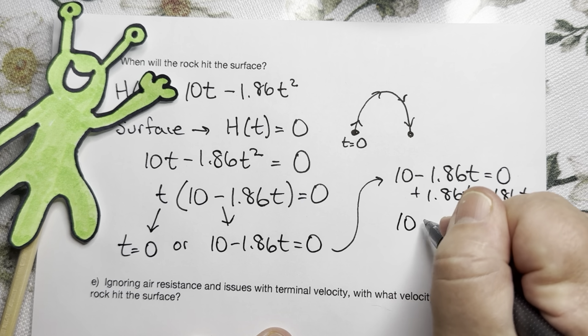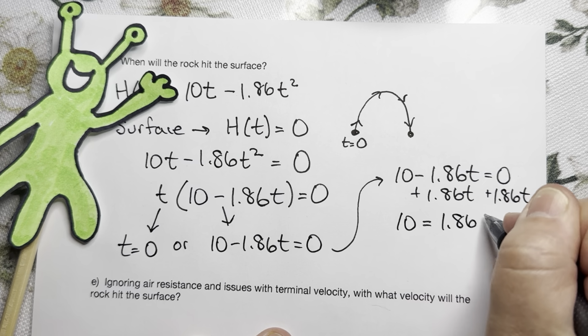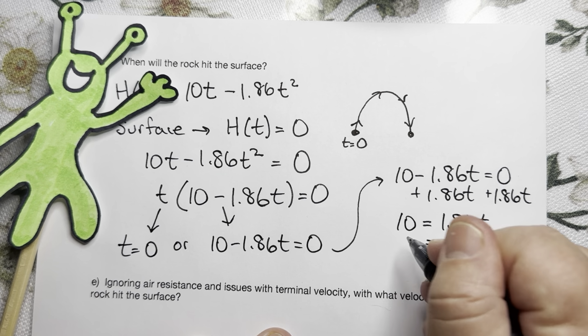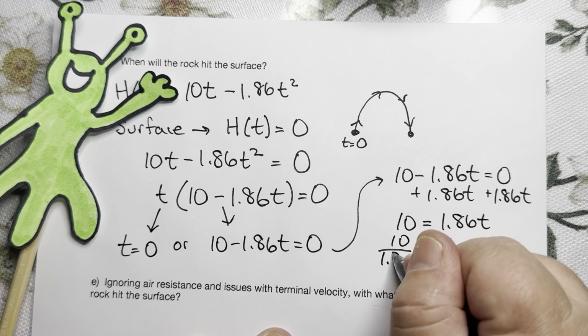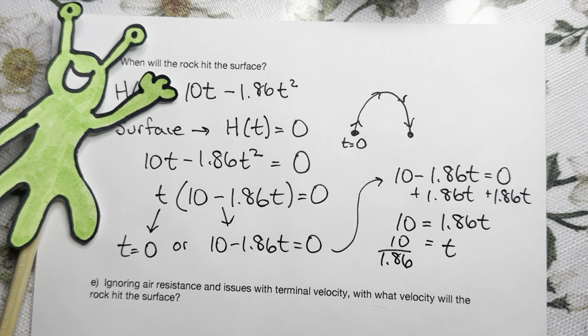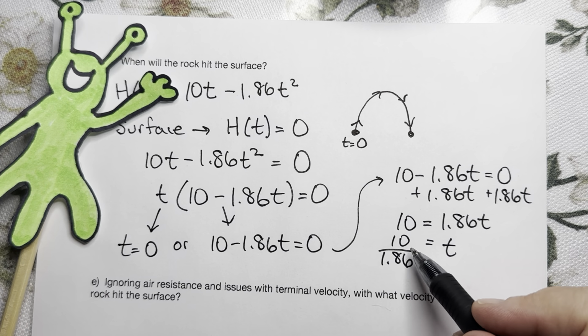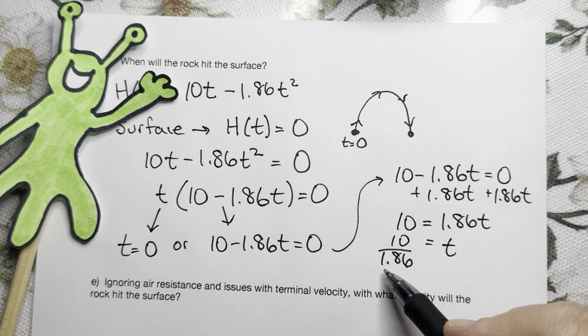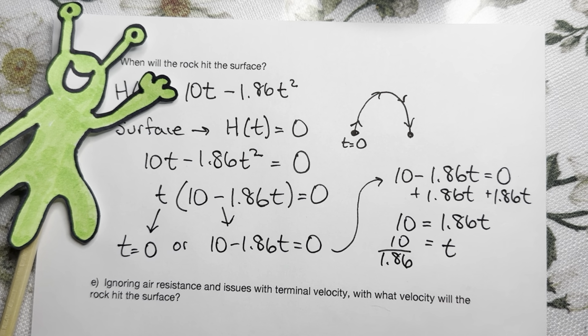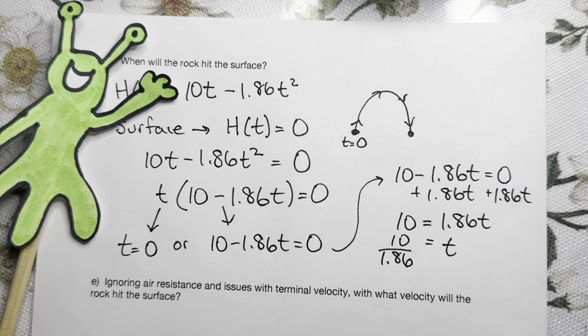And I'm going to get 10 equals 1.86t, or t equals 10 divided by 1.86. Now, life gets exciting because as mathematicians, we're going to want to find an exact answer. And although this is an exact answer, it's a mix of decimals and fractions. And so that's going to make it somewhat problematic.